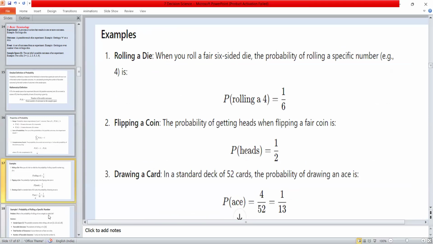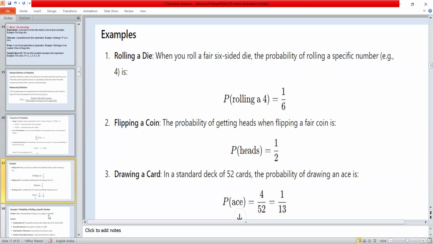Now, a few examples. Rolling a dice. When you roll a six-sided dice, what is the probability of rolling a specific number, say 4? You want to throw a dice and you want 4 on top. How many sides are there on the dice? Six sides. Out of which the outcome we want is 4, that is one of the sides.